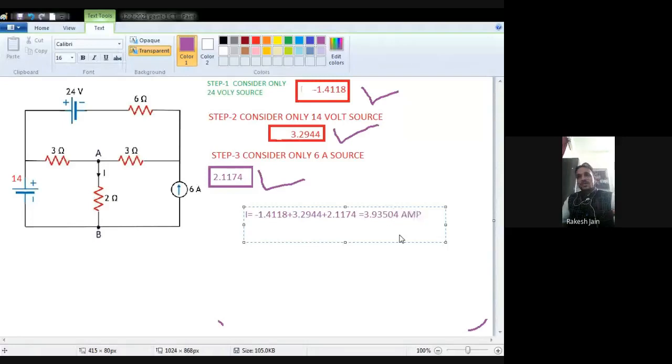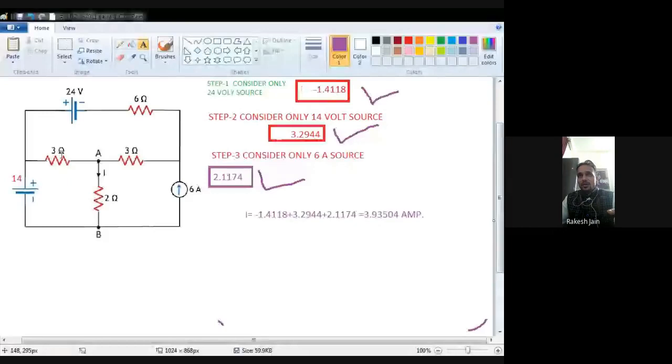I3 is minus 126 divided by 51, and it becomes minus 2.4705. So I consider minus 2.471. Okay, so this is I3.